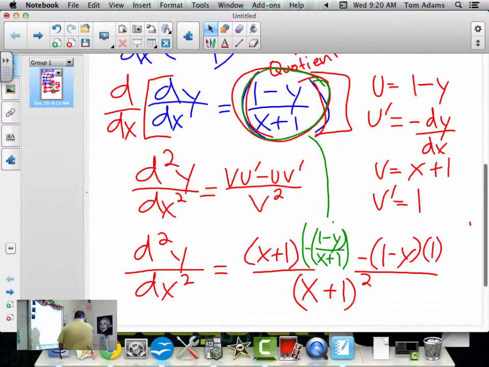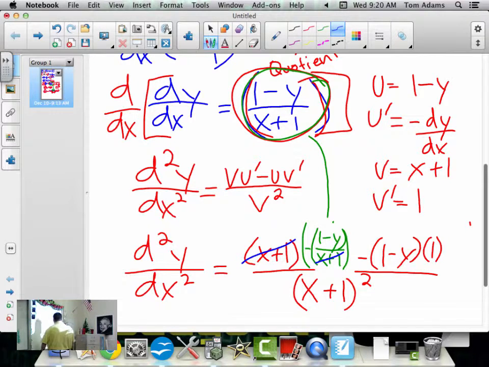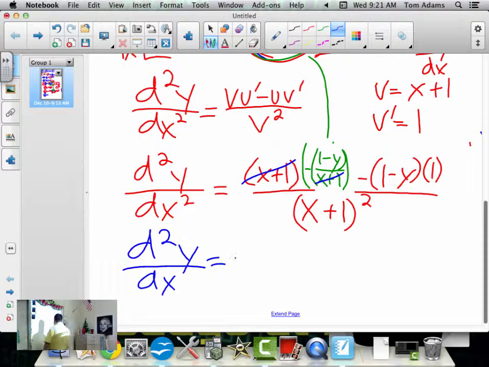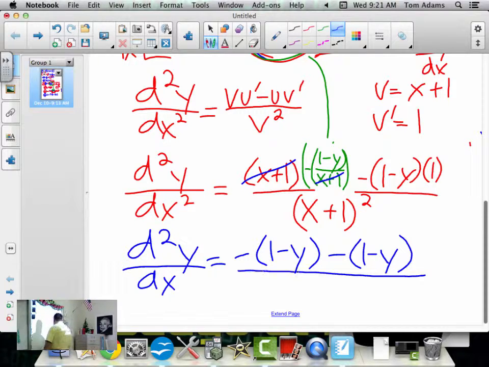Okay? Now, what happens is that this x plus 1 cancels with this x plus 1. Okay? So as I clean this up a little bit, I've got y double prime is equal to negative 1 minus y minus 1 minus y all over x plus 1 squared.